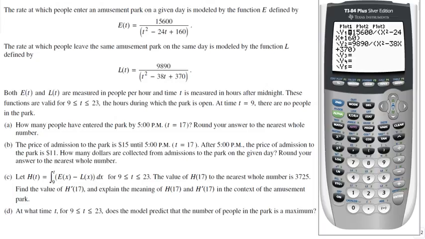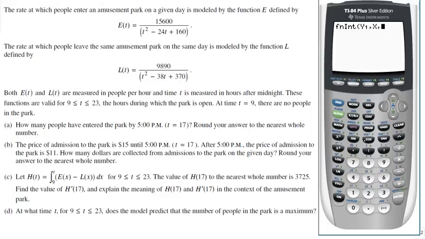And to do this I'm going to use fnint. First of all, I'm going to clear out to the main screen to fnint, which is option number 9, and I have vars, yvars, function y1, comma x, which is the variable of integration.